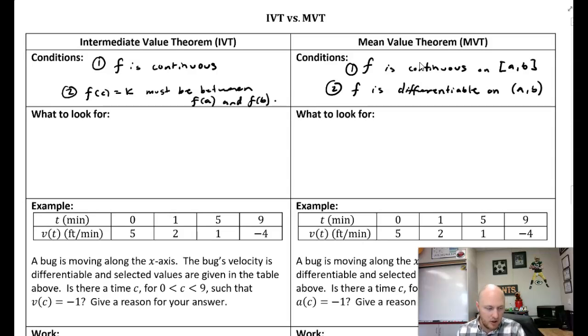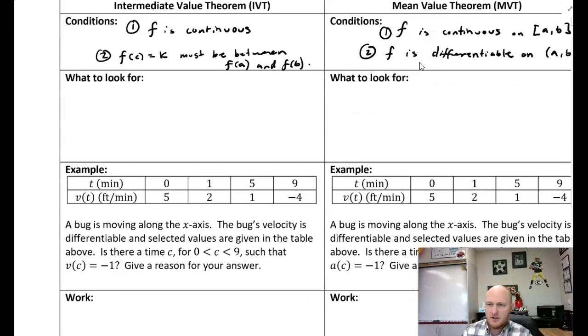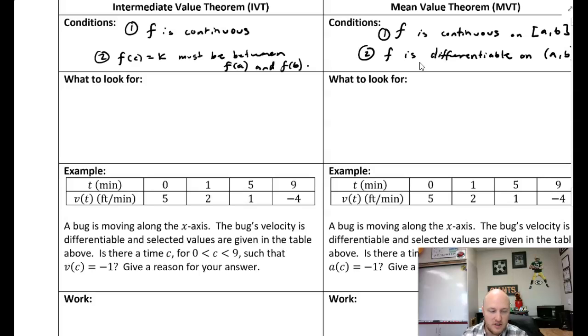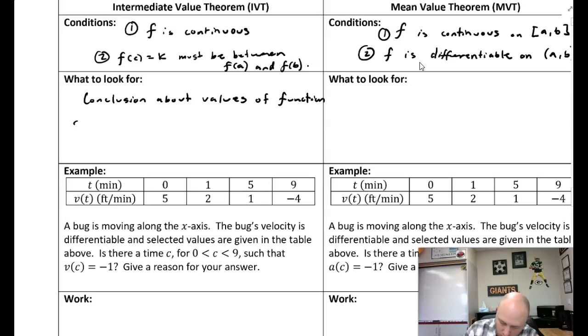Okay, so what do we look for? How do I know when to use this? Well, for the IVT, you're going to look for a conclusion about function values shown in the table, but missing.